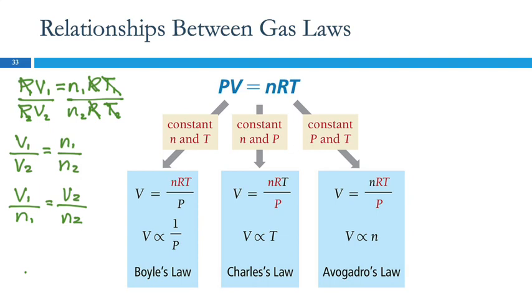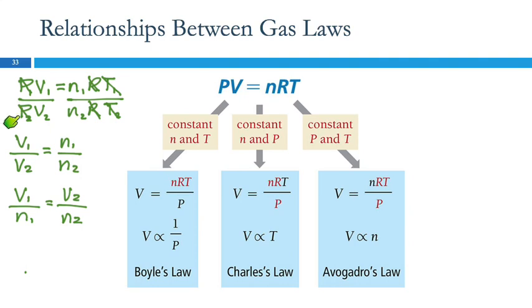We can get Charles' law and Boyle's law the same way. So I would encourage you to do that. There's at least one question on the worksheet that uses what's known as the combined gas law that we don't really talk about, where you've got more than 2 things changing. And so in order to get the equation for that, there's another problem where I think it's temperature and pressure that are changing, and there's no equation in the book for that.